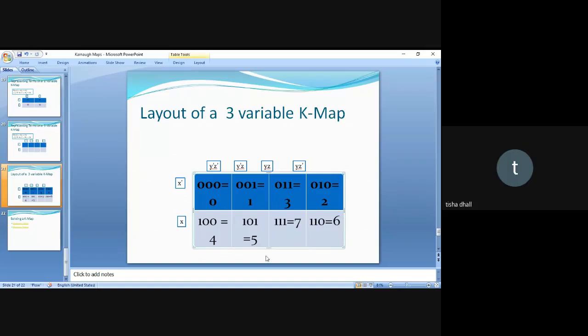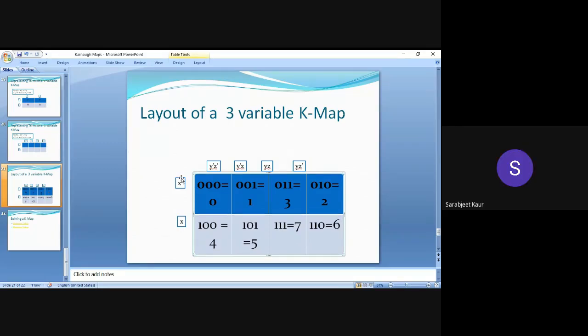I've always told you, these are the same terms that we use in the truth table for three Boolean variables: 0, 0, 0, 0, 0, 1, 0, 1, 0, 0, 1, 1, if you remember. Yes or no?